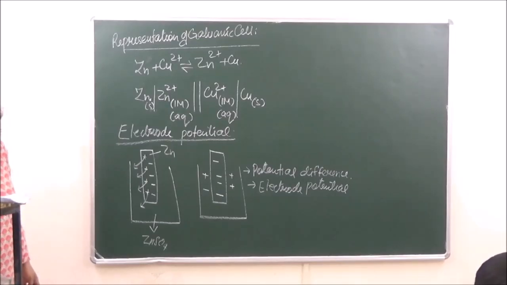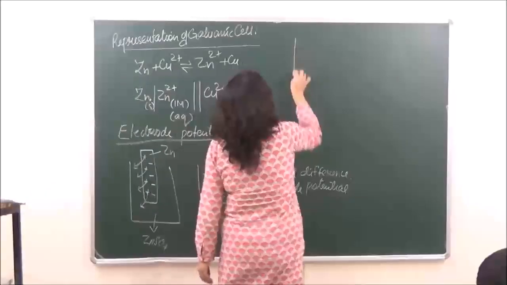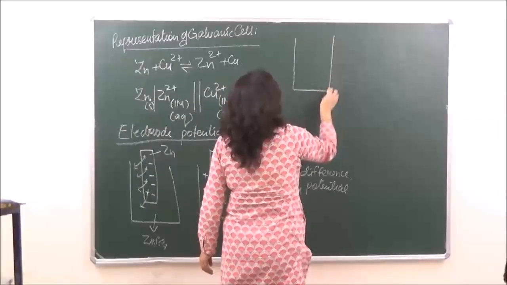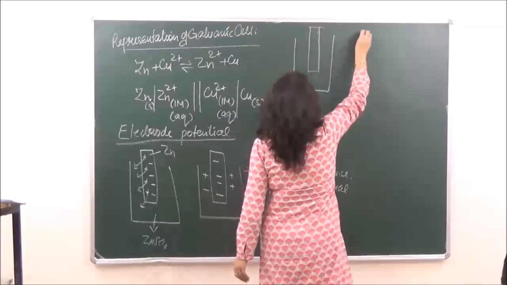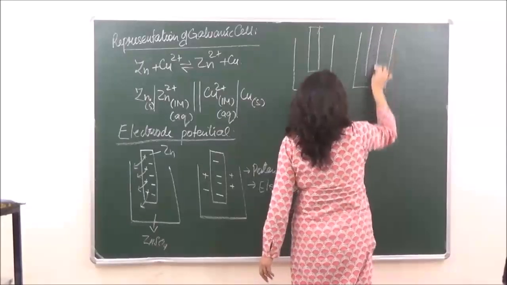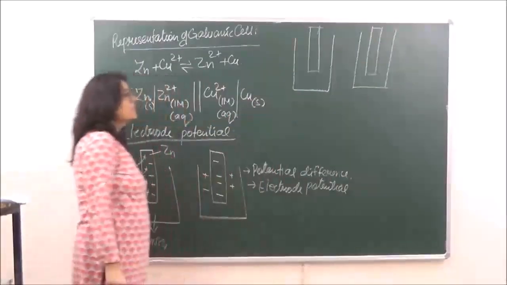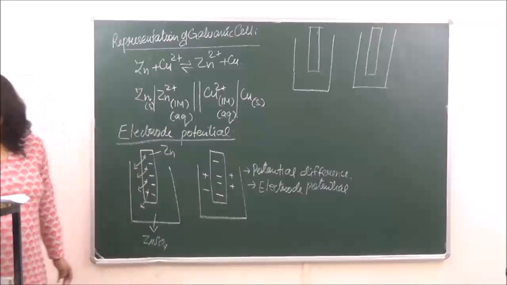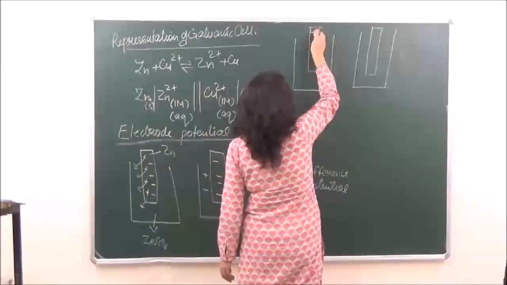Okay. Now in a similar manner, if we say that we are placing copper plate in copper sulfate solution. Okay, so again this copper plate, it will have what? It is going to have both positive and negative charges.